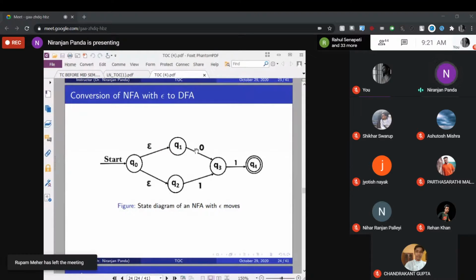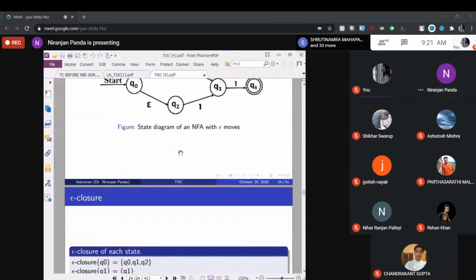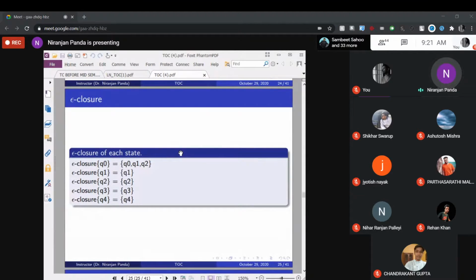From Q1 there is no epsilon transition, and hence Q1 is the only state in its closure. That is, the epsilon closure of Q1 is Q1 itself. Similarly, the epsilon closure of Q2 is Q2, the epsilon closure of Q3 is Q3, and the epsilon closure of Q4 is Q4.